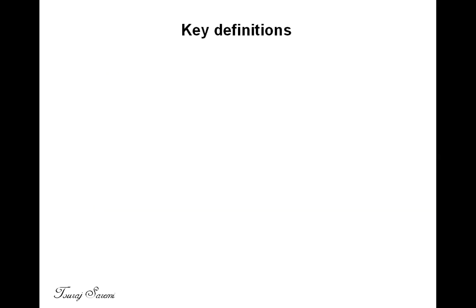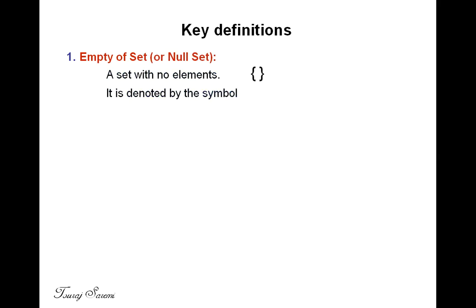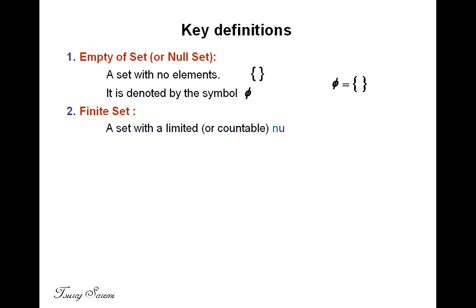Key definitions. 1. Empty set or null set. A set with no elements. It is denoted by the empty set symbol. 2. Finite set. A set with a limited or countable number of elements.